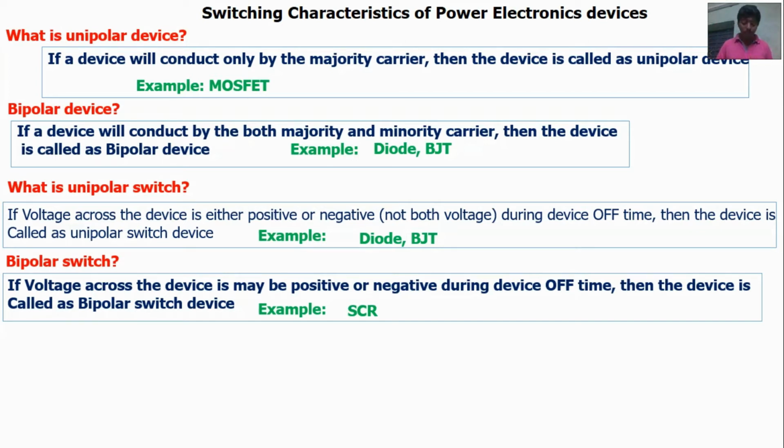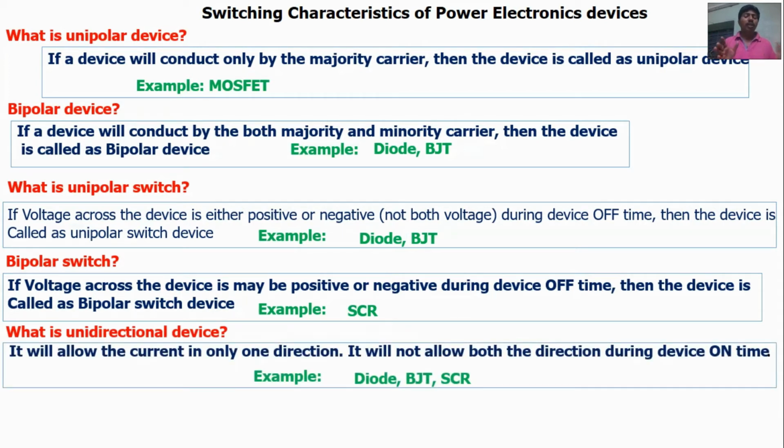Okay. Then unidirectional device means that if the device conducts in only one direction, it will allow the current in only one direction during on time. Uni means one. Okay. Then the device is called a unidirectional device. Diode, BJT, SCR are unidirectional devices because in a diode current always flows from anode to cathode only.